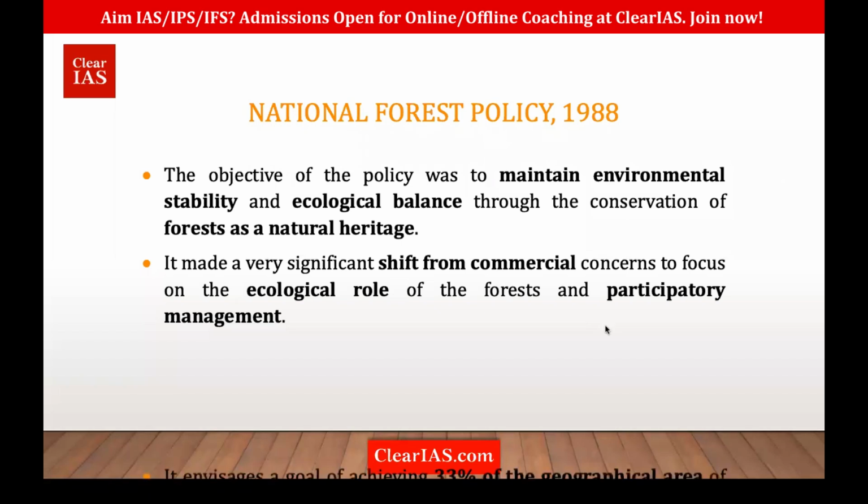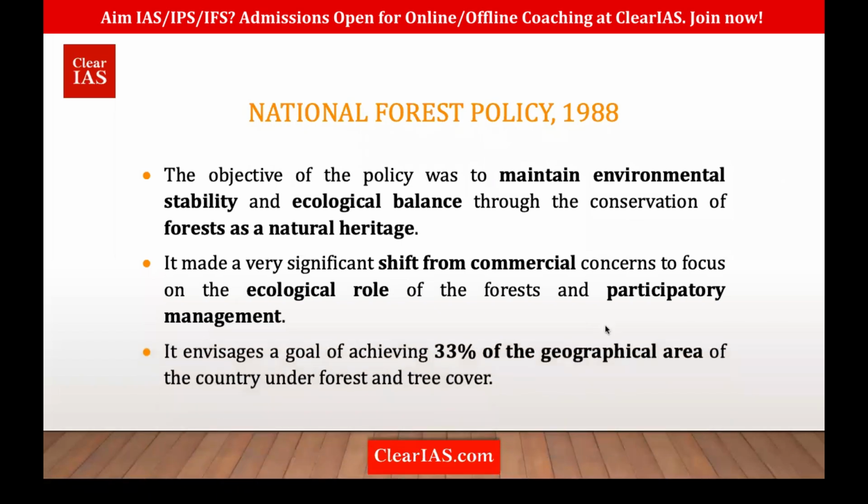Also, the goal of this policy is to achieve at least 33% of the geographical area under forest cover. So this was a policy launched in 1988. And how much is the forest cover now? It's around 24.62%. Okay, so we have not increased much.